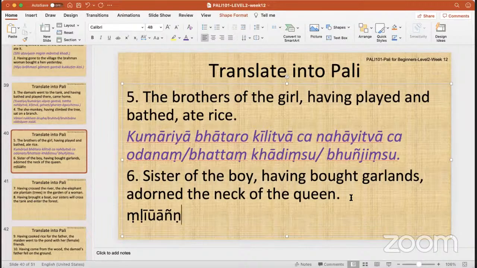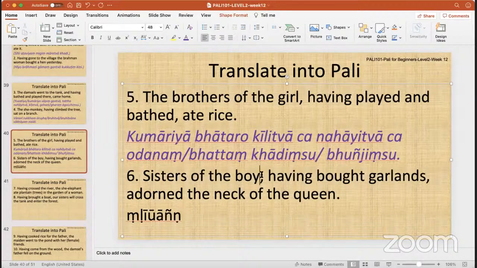Alankarimsu. What is the subject? Of the boys, the sister. Sisters. Vachana or Bahuvachana? Bahuvachana. Girls of the boys, right? Yes, the sisters of the boys. Both are sisters. Bahuvachana. Okay.